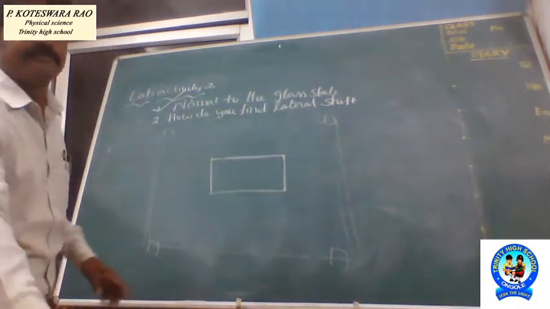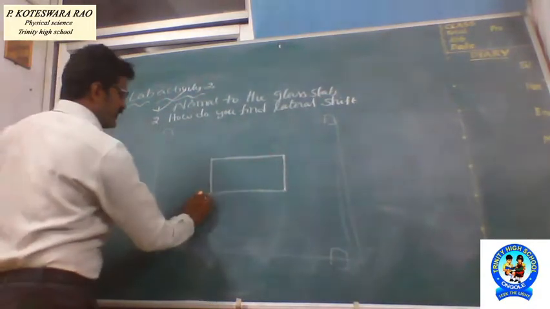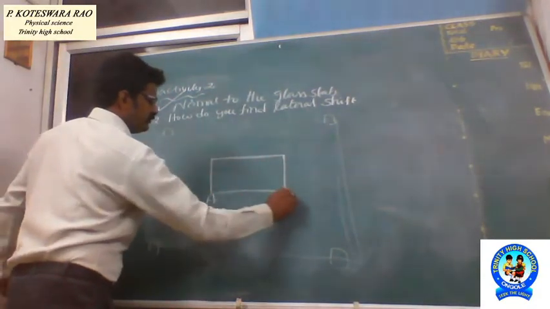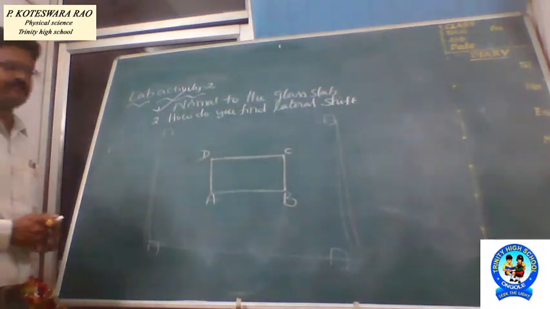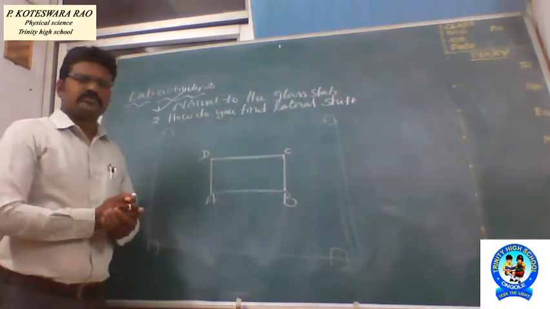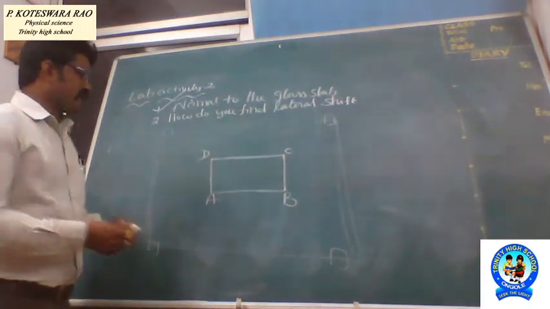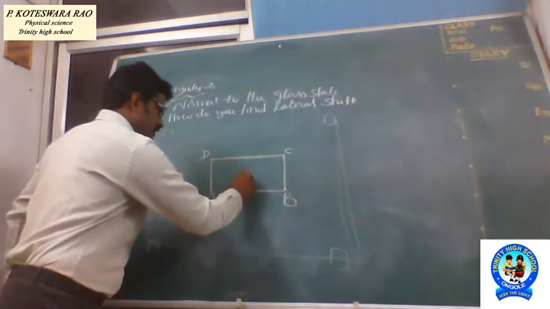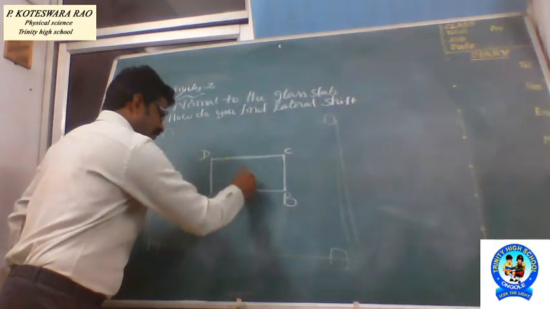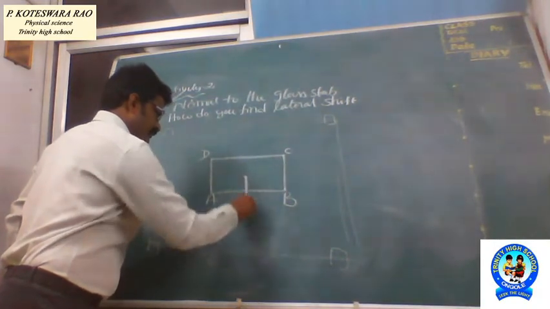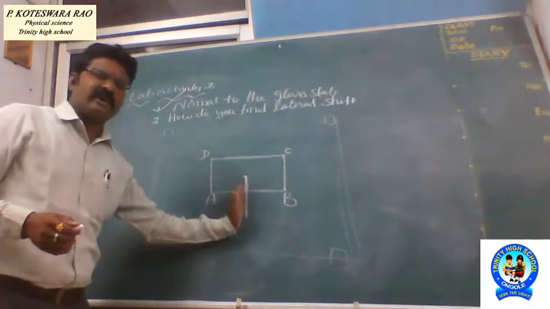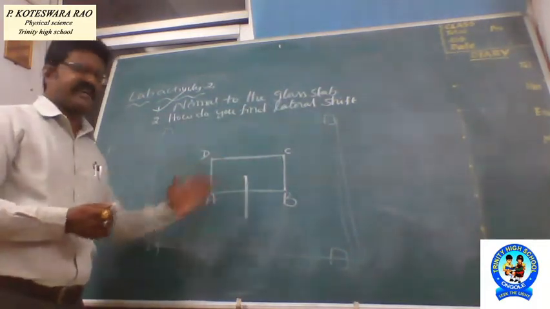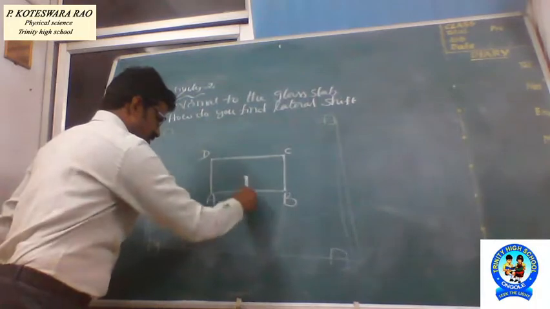Remove that glass slab, and mark the vertices A, B, C, D. Now we want to draw one vertical line to that AB, with the help of the scale or protractor. Vertical line means normal line.